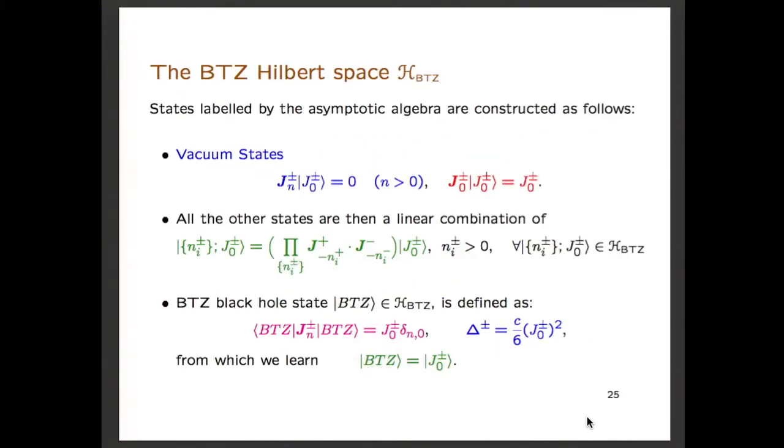Okay, so any BTZ black hole in principle is related to a state here in this phase space, as I have just written here. Then the rest of these states which come with excitations are Virasoro descendants of a BTZ black hole.